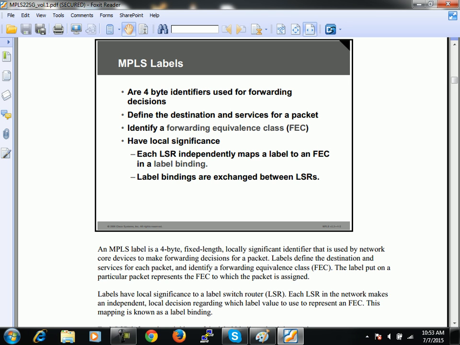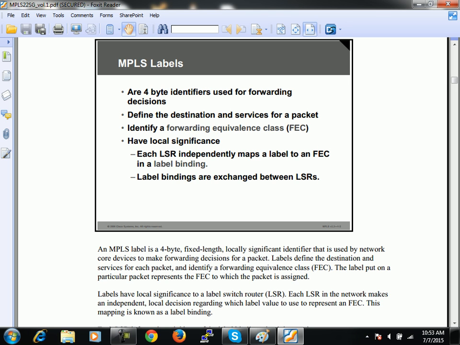So basically one prefix, one label, one FEC, because one label denotes one FEC, and one label denotes one prefix.